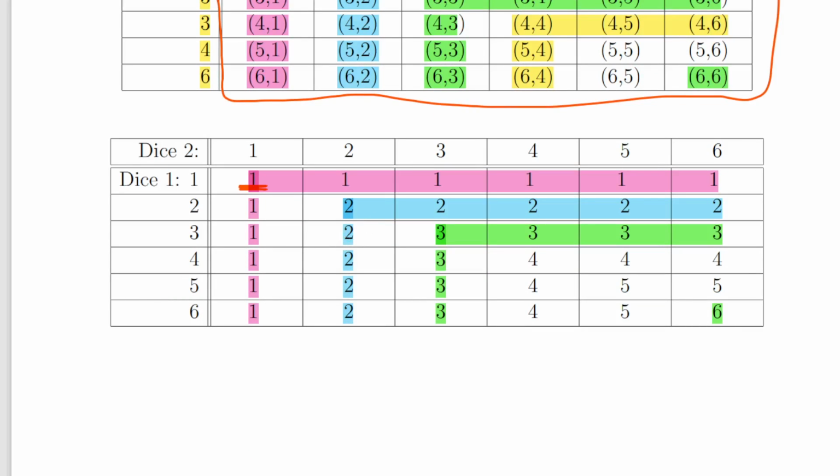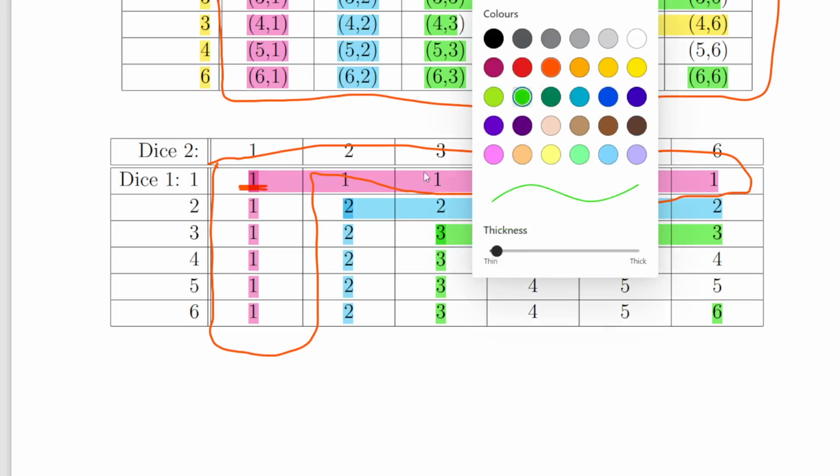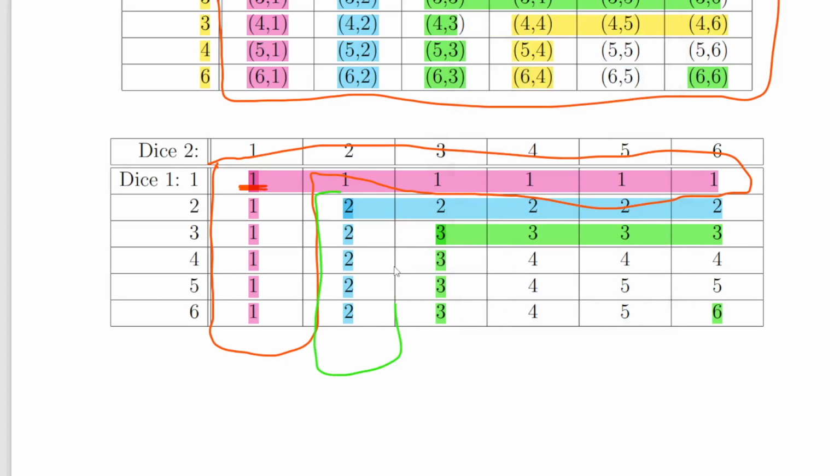So let's count out the number of cells that correspond to each of these values of m. Well, in this case, where m is equal to 1, that's 11 cells. Where m is equal to 2, that's 9 cells, and so on.